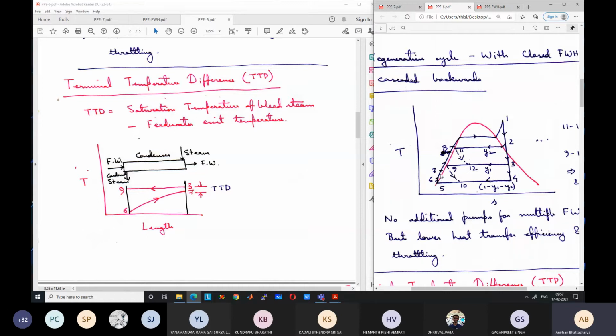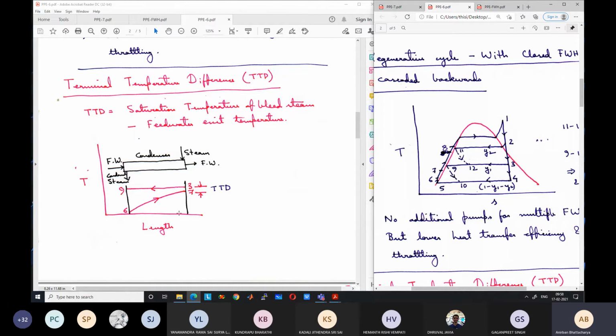But the advantage will be that you will need much less heat exchange area for the heat exchange to occur because of the larger temperature difference. If you take temperature 7 to be very close to 3, say only 1 degree centigrade difference, what is the disadvantage in the heat exchanger?